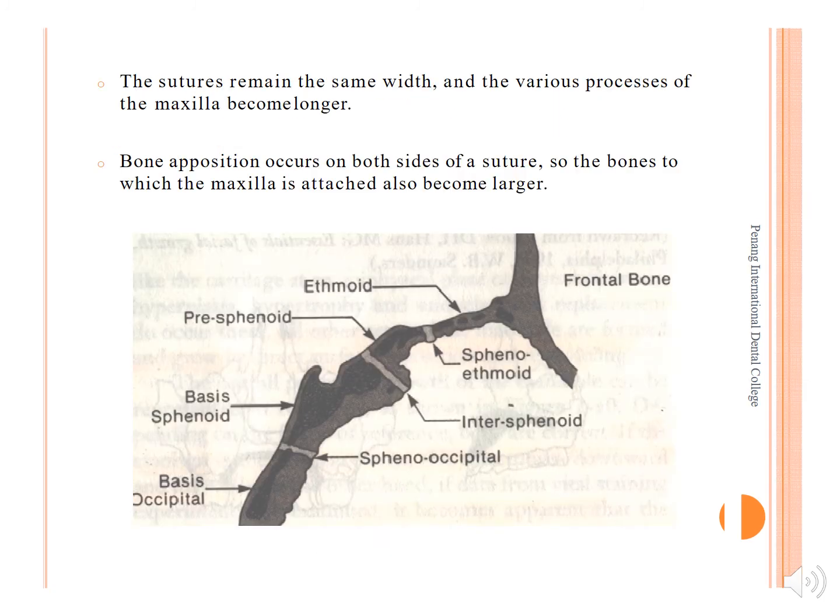The sutures remain the same width and the various processes of the maxilla become longer. The bone apposition occurs on both sides of the suture, so the bones to which the maxilla is attached also become larger.